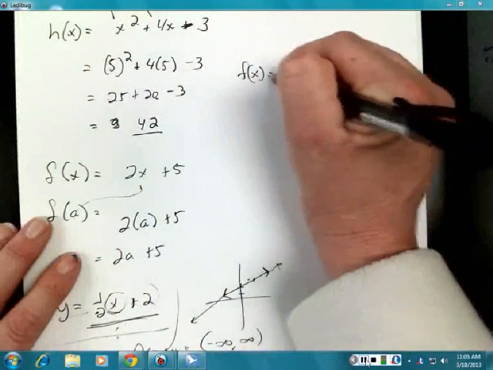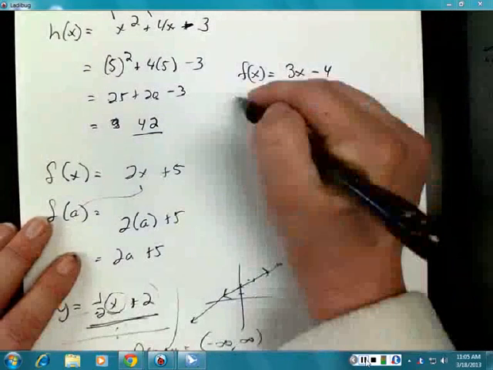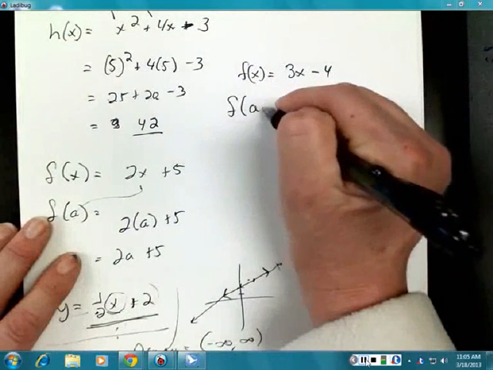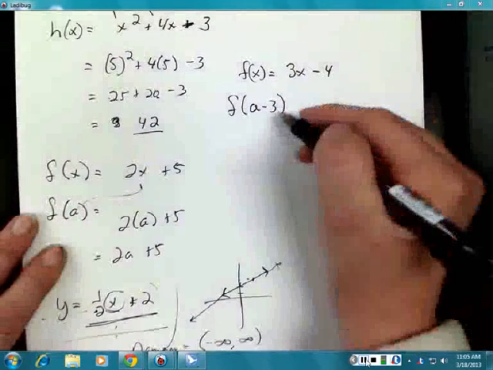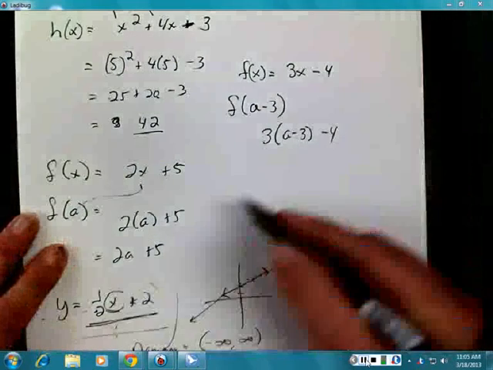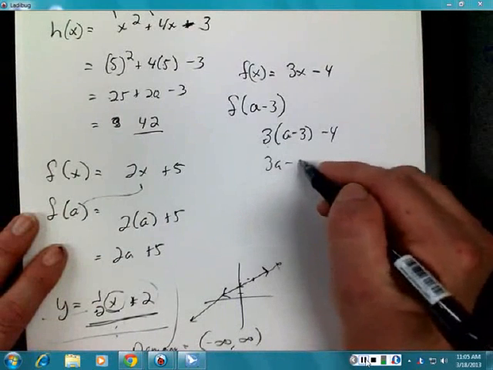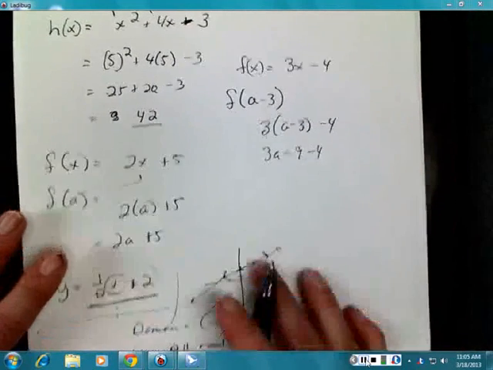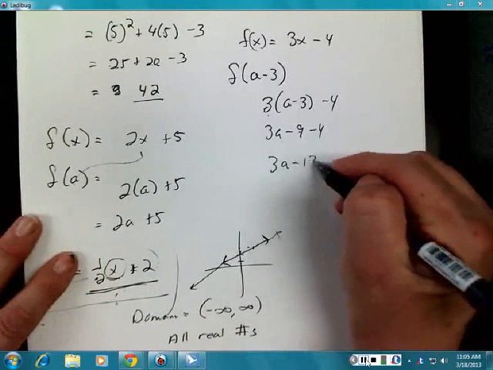Another one that I have seen pop up in Hawks is where they give you f of x equals 3x minus 4, and they tell you that they're going to replace x with a minus 3. And when you do this one, it's going to be 3 times a minus 3 minus 4. 3 times a, then you got to distribute. 3 times negative 3 is a negative 9, and then combine your like pieces.